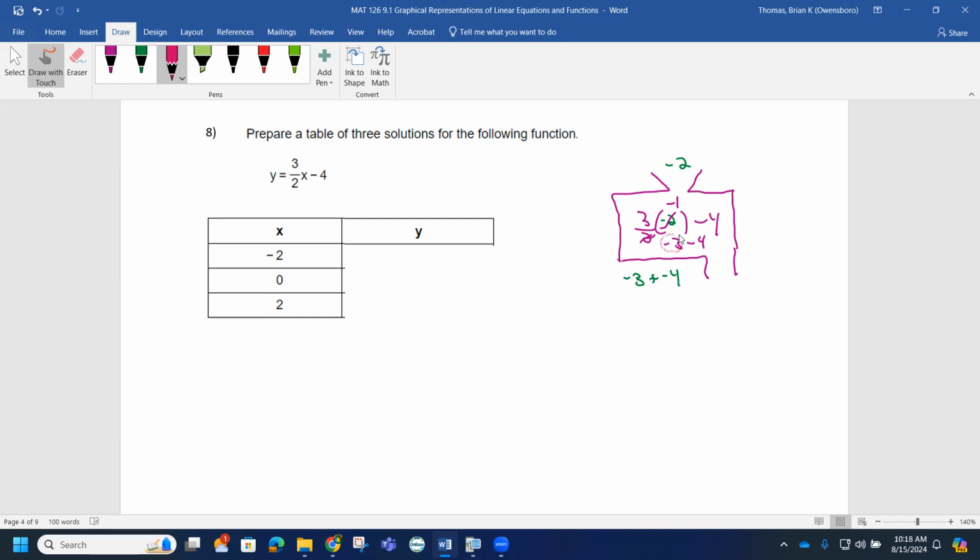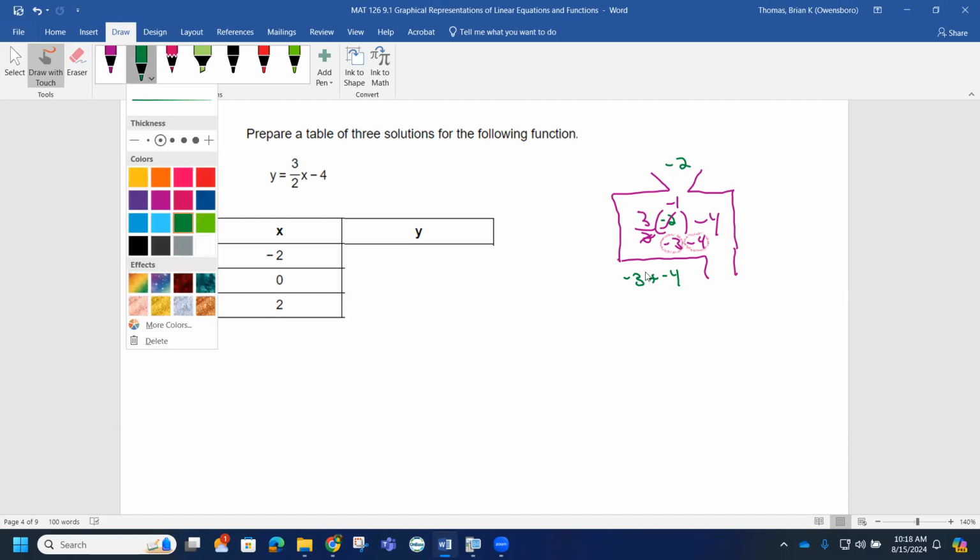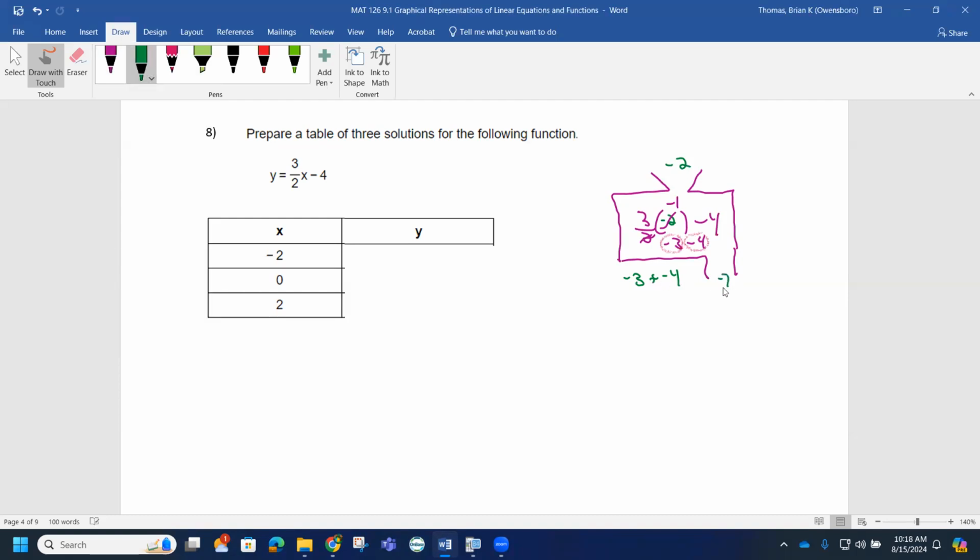So -3 is my first term, and then the second term, when I circle the subtraction sign, becomes -3 plus -4. So I really don't have to rewrite this on paper. I'm just doing it mentally. So what I'm seeing is a loss of 3 and a loss of 4, which means that's a loss of 7. So -7 would be my loss.